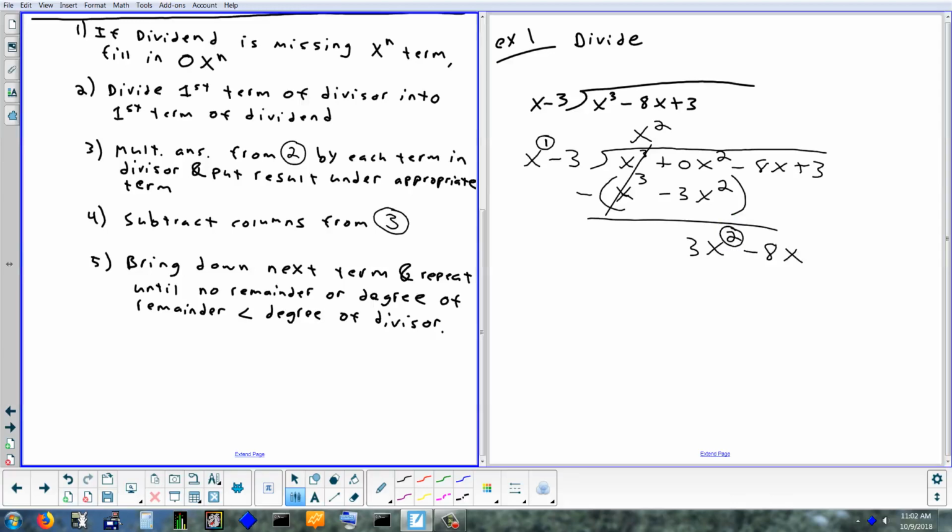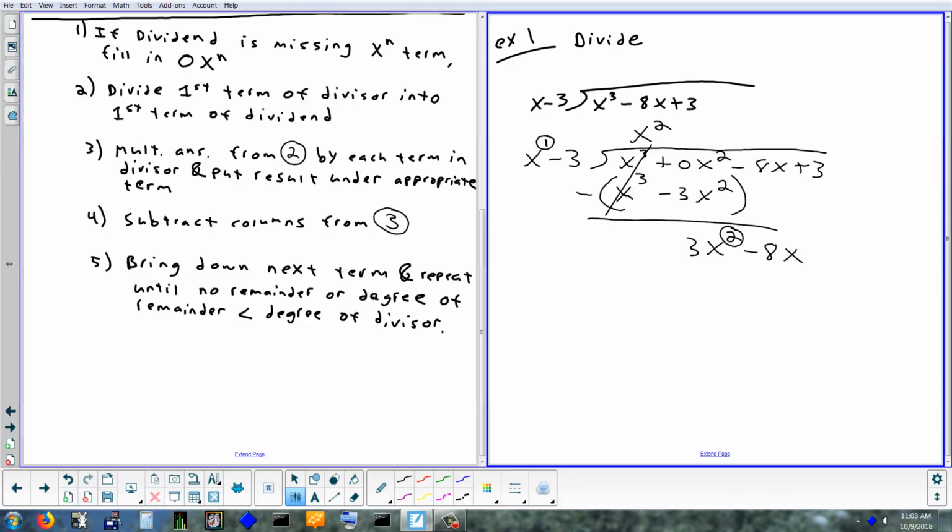So take the first term, which is x, and divide it into 3x squared. Right, so Natalie, if I divide x into 3x squared, what do I get? 3x. Yep, positive or negative? Positive, yep. So divide it in. Multiply the 3x back out. So 3x times 3x is 3x squared.